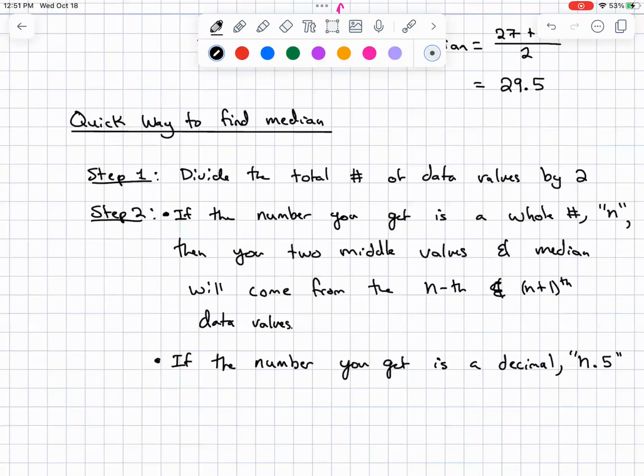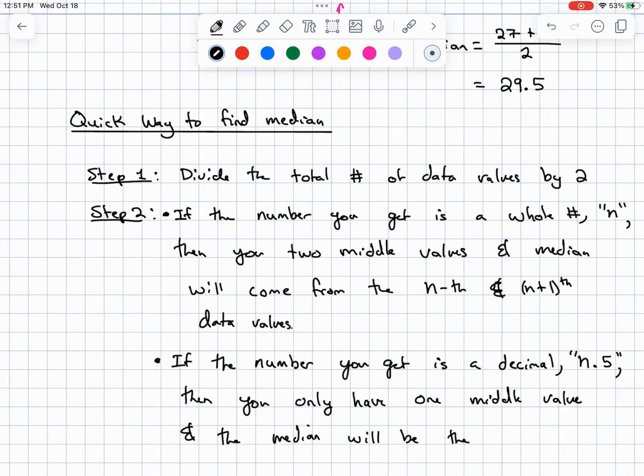If there's 55 values, you'll get 27.5. So you'll always get an n.5 number. Then you only have one middle value, and the median will be the n plus 1th term.